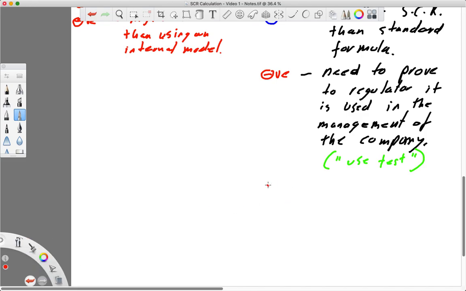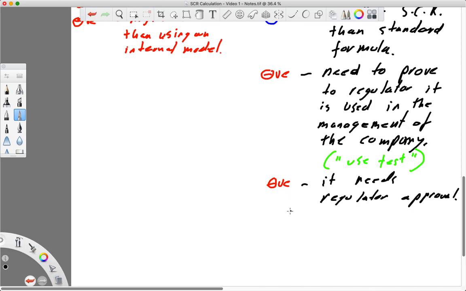Another negative is that it needs regulator approval. So you can't just build it and use it.